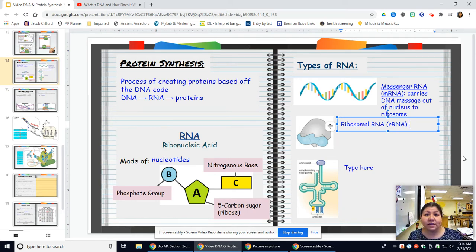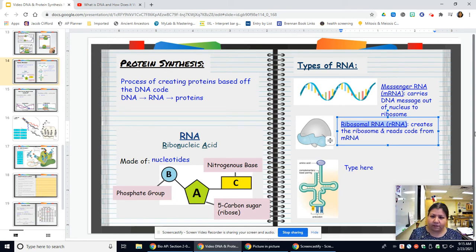So just make sure that you're doing that whenever you're typing out or writing the different types of RNA. My ribosomal RNA is, again, exactly like it sounds. This creates the ribosome and reads code from mRNA. So that's my ribosomal RNA. Underline that too.